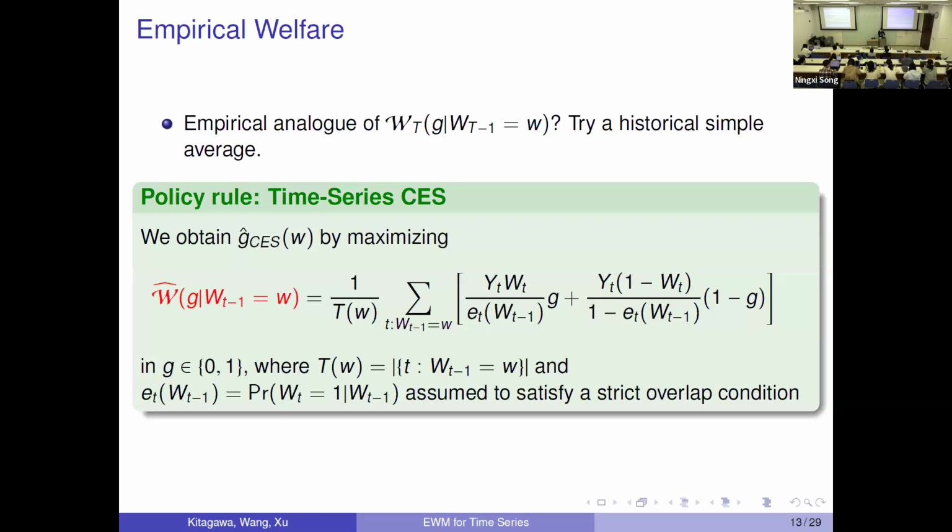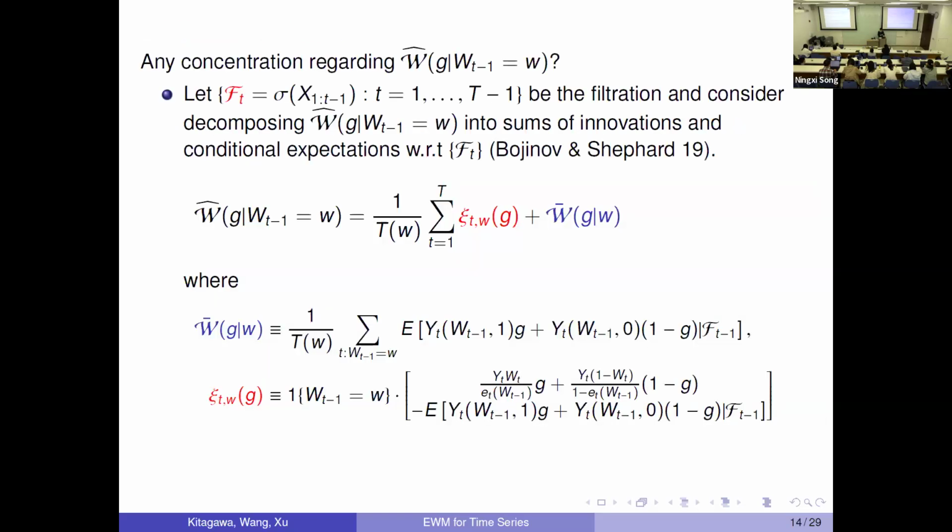Okay. We need two additional steps to link this empirical welfare to the regret specification. The first is to construct what we call the intermediate welfare, which has a sample average structure but uses the population-level conditional expectation as the summand.